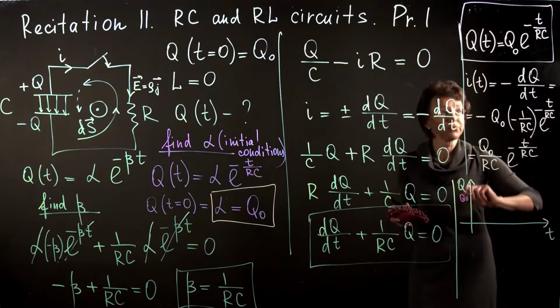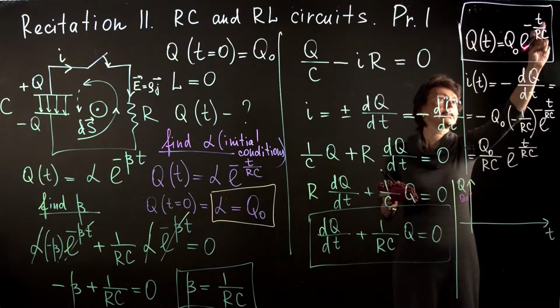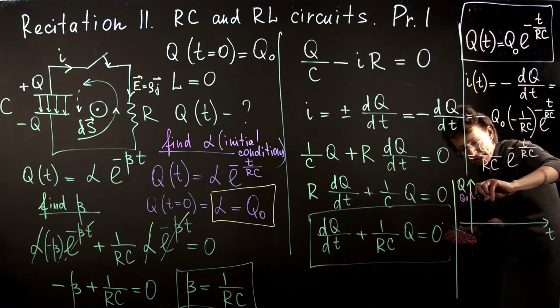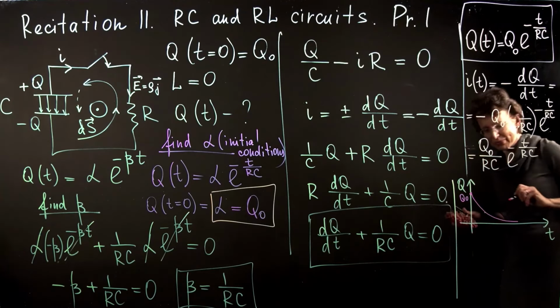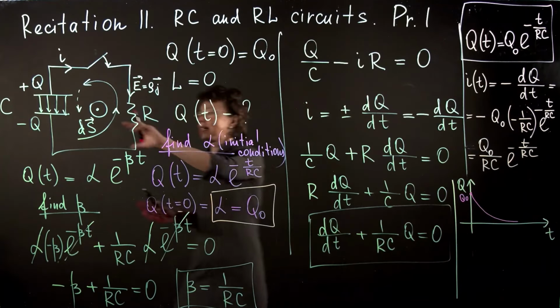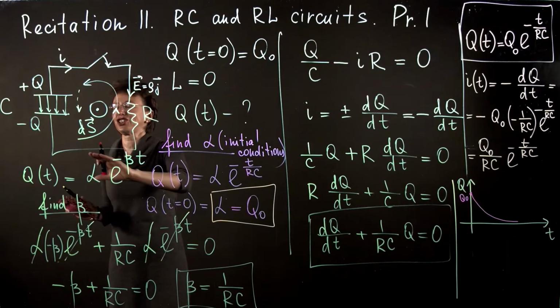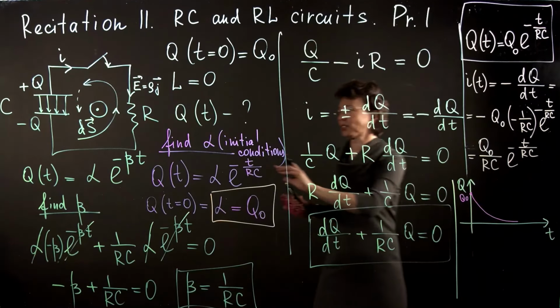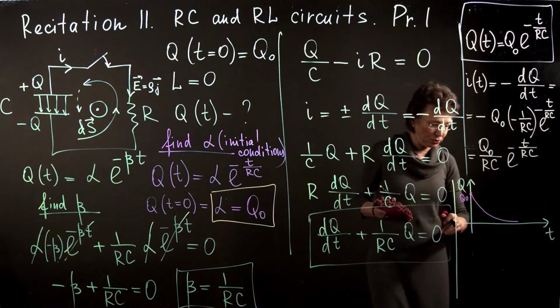Then, as time goes to infinity, 1 over infinity is 0, so as expected, there is exponential decay. The capacitor is discharging, so with time, the charge on this plate of the capacitor will be 0.